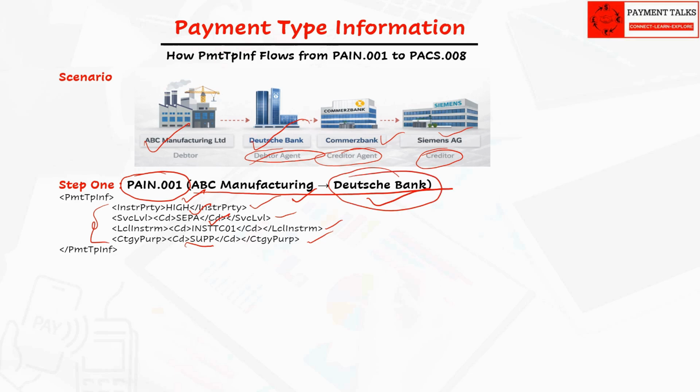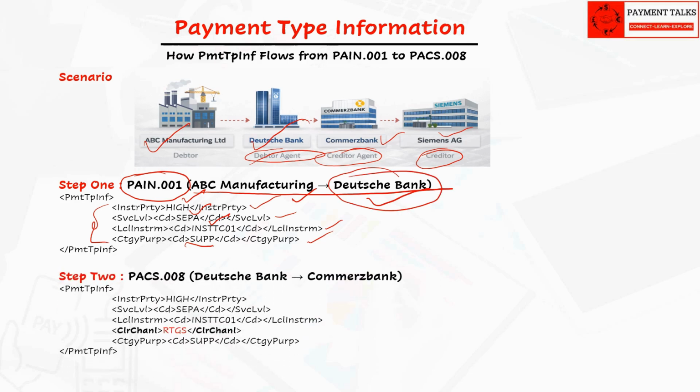In the second step, Deutsche Bank validates the PAIN.001, applies its routing logic, and generates a PACS.008 to send to Commerce Bank through the interbank network. It carries all 4 fields forward and adds the 5th, clearing channel.